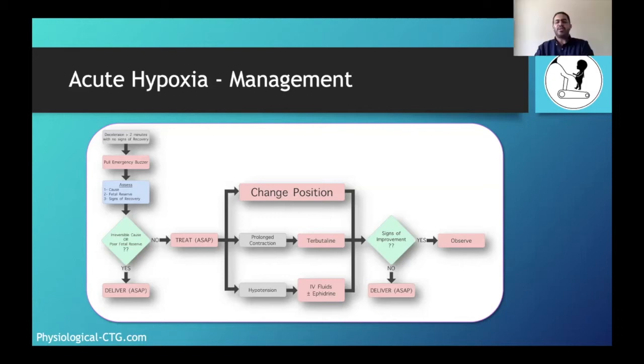So if the baby's brain is hypoxic, the variability will go off. Now, the problem is that the heart rate is being slowed down by the brain, which means that if the baby's brain continues to be hypoxic, even if the heart rate starts going up, that is not a sign of improvement if the variability is flat. The variability needs to come back for you to realize that the hypoxia is getting better.